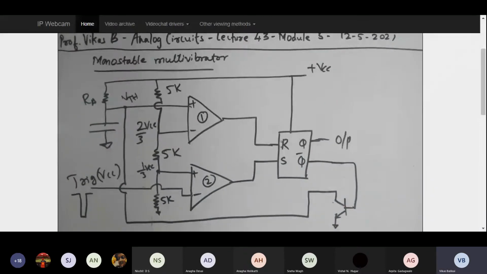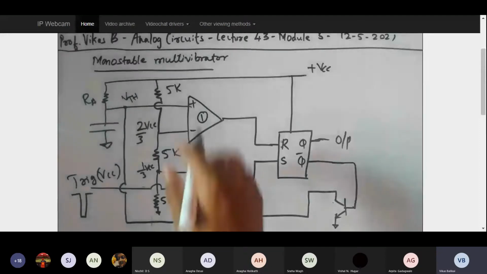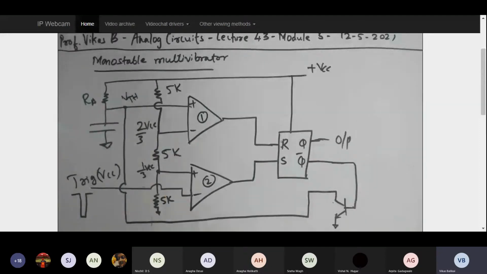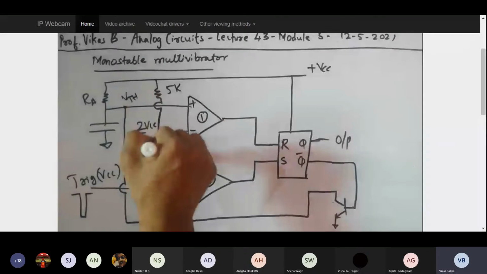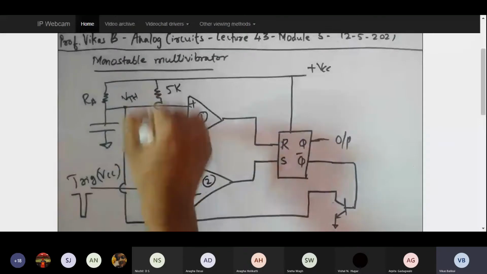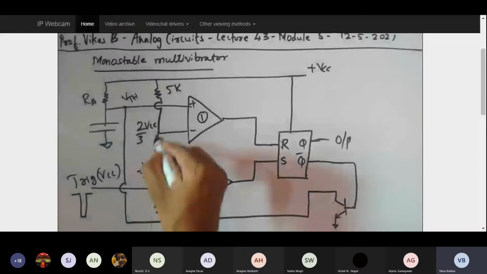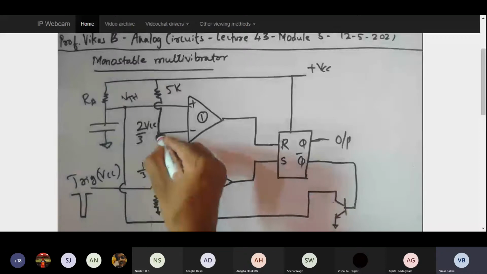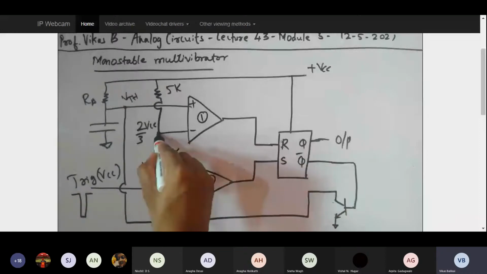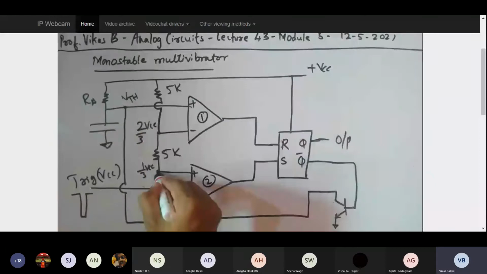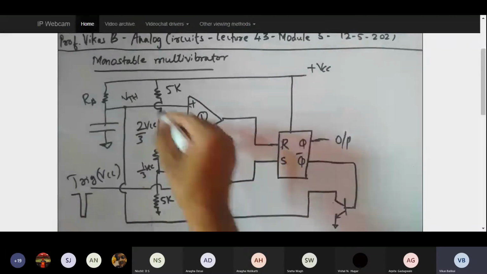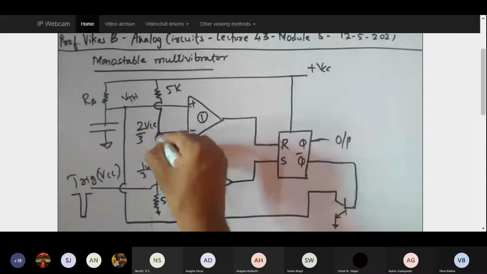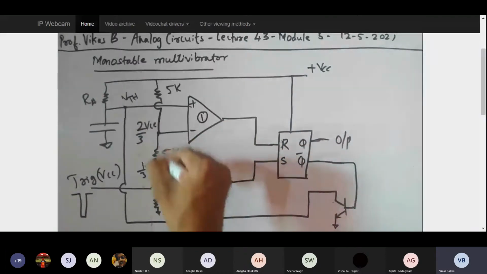Now let me explain what I have taken over here. I have got two op-amp comparators and three 5K resistors, and as per the voltage division rule, the voltage across this point is 2 by 3 VCC, and the voltage at this one is 1 by 3 VCC. How? As you can see, VCC is connected over here, and I need to consider the voltage drop across this 5K.